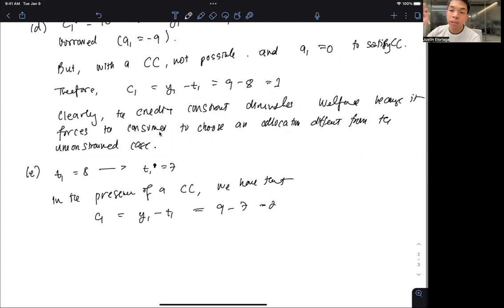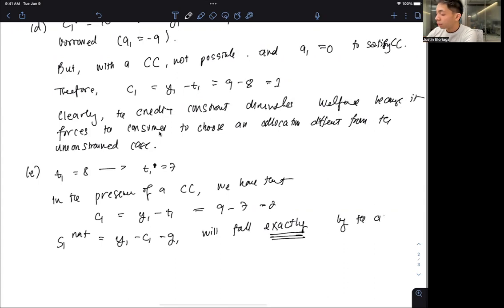Notice the credit constraint here is still binding. Therefore, S1 national is equal to Y1 minus C1 minus G1. That's the formula for that. It will fall exactly by the amount that consumption rises.